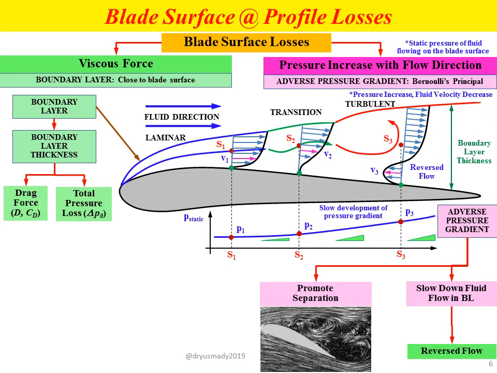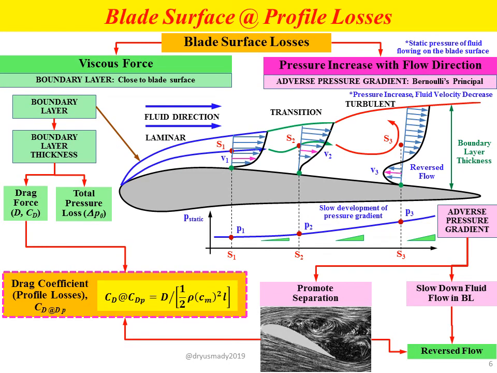Normally this separation region refers to the turbulent region, where there is a lot of vorticity and turbulent flow, as shown in the figures. This separation region is also due to the reverse flow when the pressure of the fluid increases.